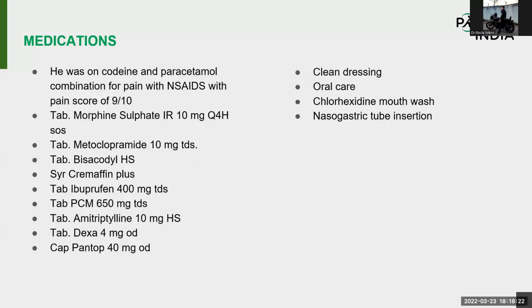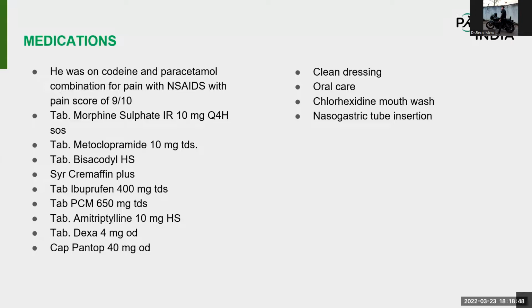Medication. He was on a codeine and paracetamol combination for pain with NSAIDs, with a pain score of 9 by 10. Tablet morphine sulfate IR 10 mg hourly if necessary. Tablet metoclopramide 10 mg TDS for prevention of nausea and vomiting induced by chemotherapy and radiation. Tablet bisacodyl HS for constipation, and syringe.